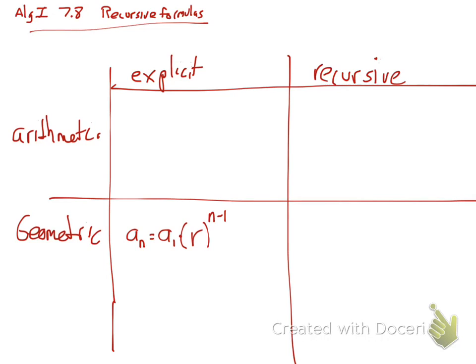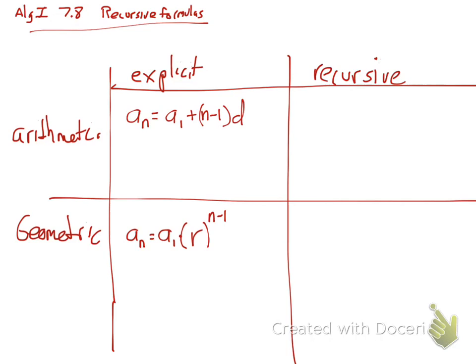Arithmetic, which we talked about yesterday, was adding or subtracting to get to the next number. So you would take your second number and subtract the number before it, and so on down the line, and that will be the same. That will be a common difference. And so a sub n here is equal to a sub 1 plus n minus 1 times d.